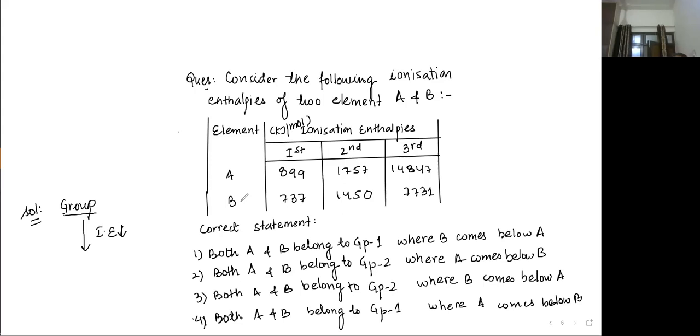A's ionization energy is greater, so A will be placed up and B will be placed below. Out of these, the first option is correct, or is there a possibility that the third option is correct? Second and fourth will be incorrect. Everyone agree with this point?